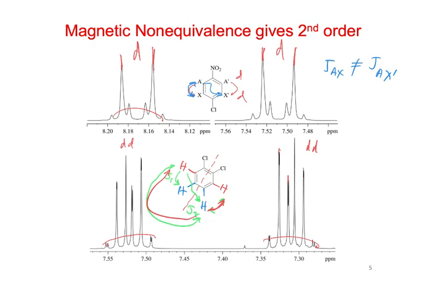So that's actually some kind of second order effect right there. Because, yeah, the second order effects are usually going to get greater the lower the field. Right, and we remove some of that at higher fields. So let's see if we go back up to 800.